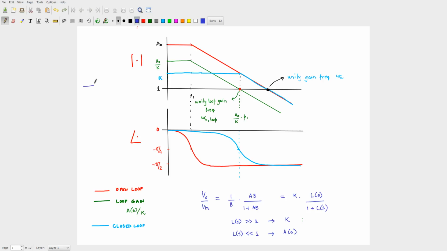Because how does this look? There is a forward block, a backward block, and it's coming in like this. So that is your B and this is A. So L of S greater than 1 means you are taking a lot of this output and feeding it in there.